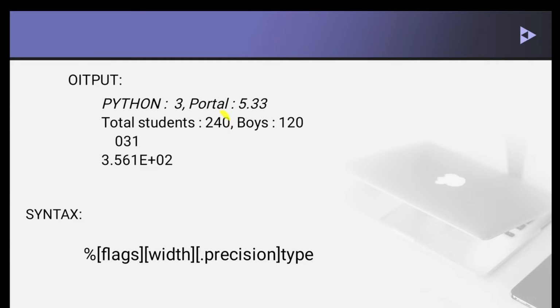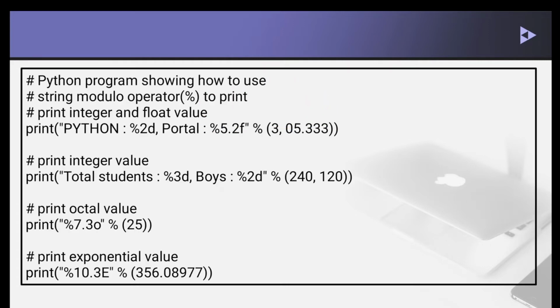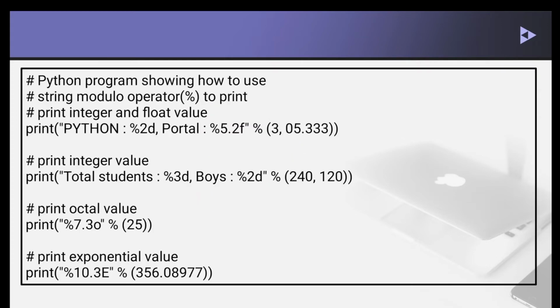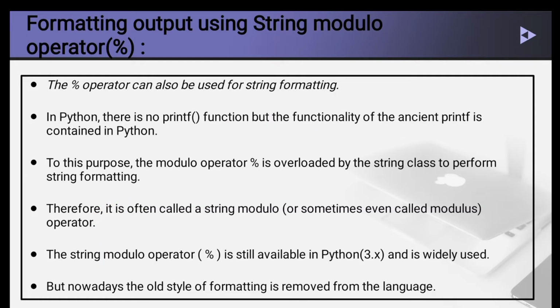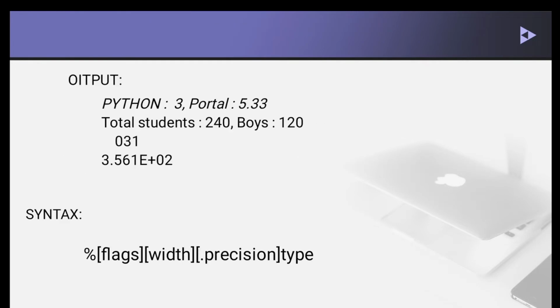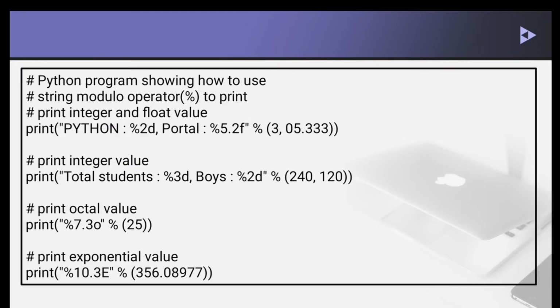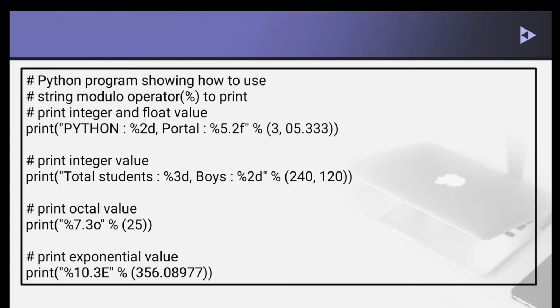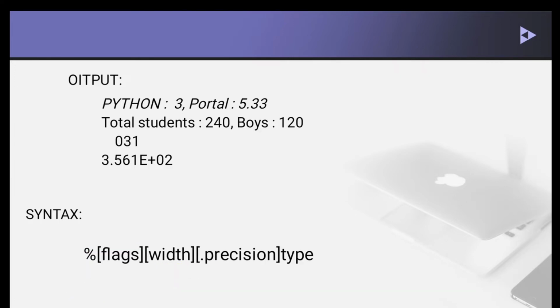Even including the point, 1 2 3 4 5, 5 bytes of memory location are allocated to this. And next here I use 3D, and here I use 2D. It allocates 2 and 3, and 250 and 120 are printed. And here the O means it prints the octal value. The octal value is 031, so I gave 7 bytes and 3.30. So I got 3 digits, 031, and in the same way you use it to represent the exponential value.